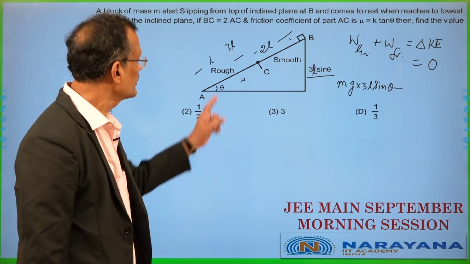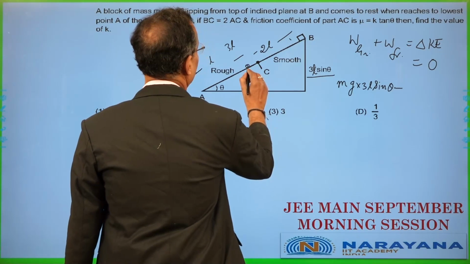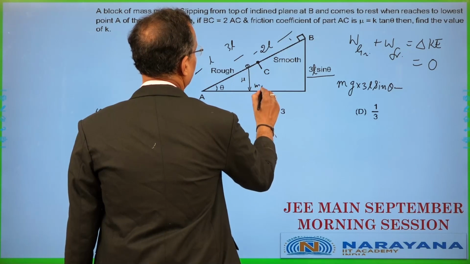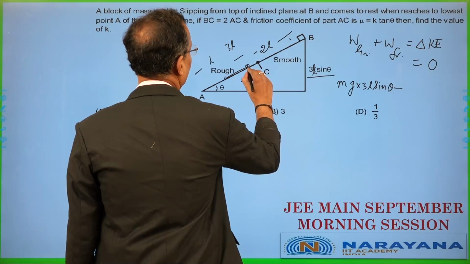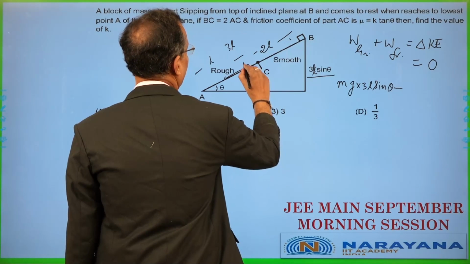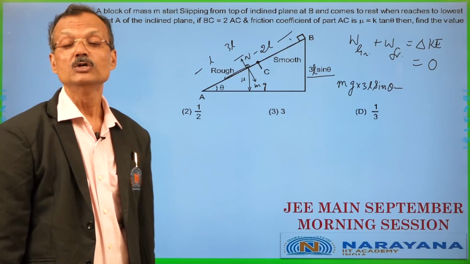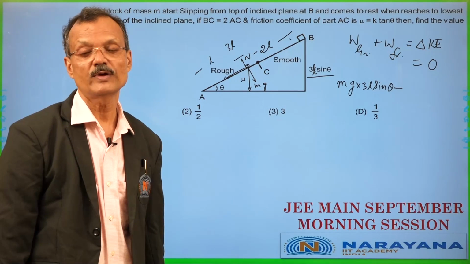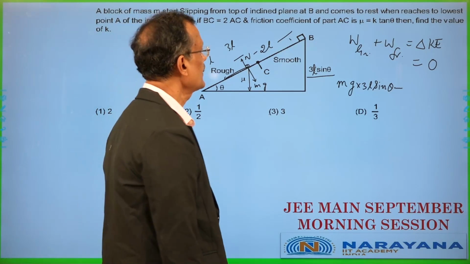Right, now frictional force is how much? If I am taking the body here, so here is mg, here is mg sin theta, here it will be mg cos theta, this N will become mg cos theta. So frictional force is mu N, that is mu mg cos theta. Clear to you?